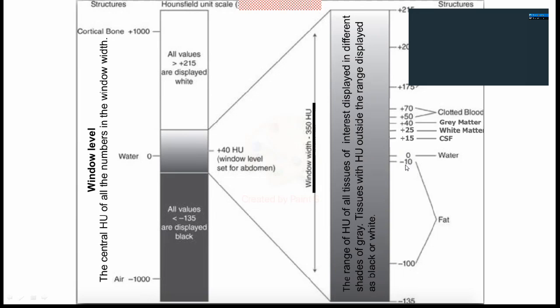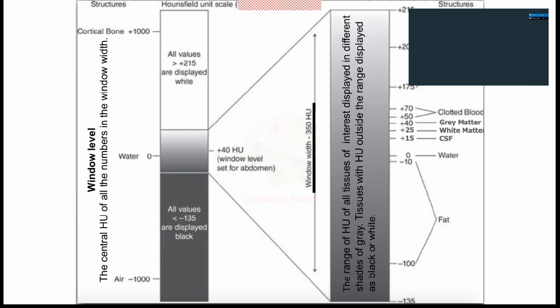Now let's focus on the main densities that we are going to deal with in the brain. In the skull, we have the brain itself sitting in a bowl of CSF. The brain consists of mainly gray matter and white matter. The gray matter is mainly found in the cortex as well as in the gray matter structures deep in the brain, such as the thalamus and the basal ganglia.